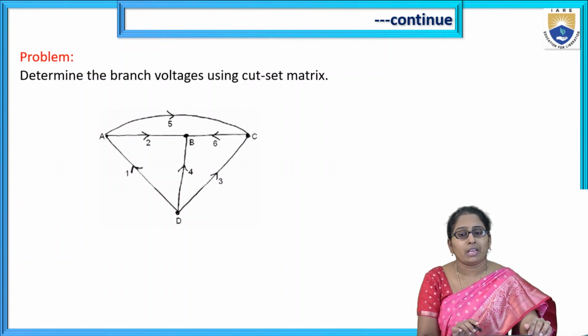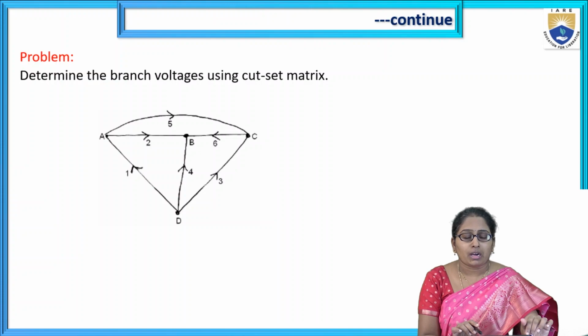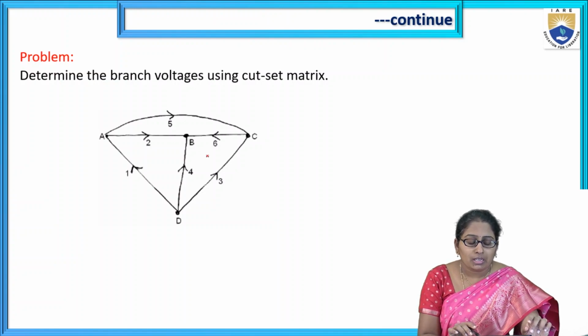Sometimes they represent nodes with alphabetical letters and branches with numbers. So here in the problem, the nodes are A, B, C, D, 4 nodes, and the branches are represented with the numbers.